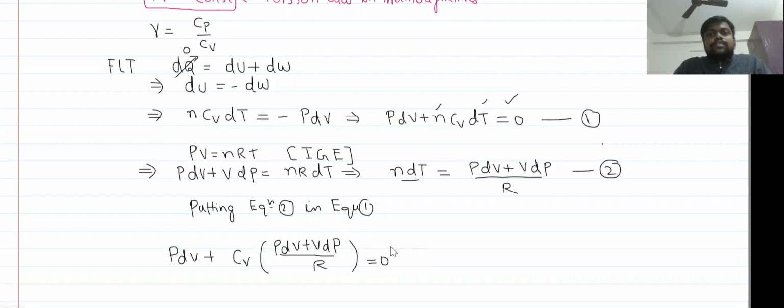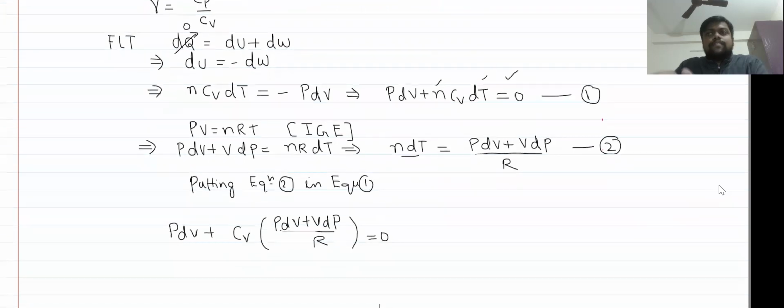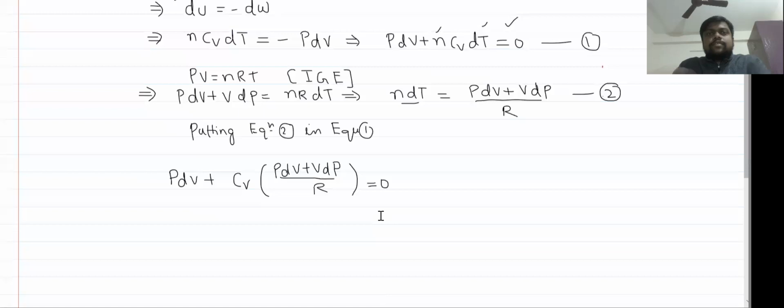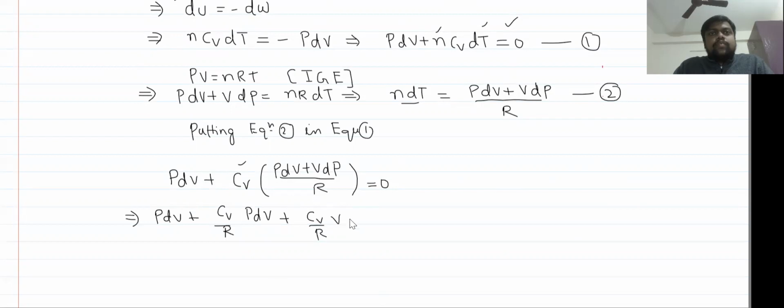Now let us simplify this equation further. When we simplify this equation, you will be getting PdV plus, let us multiply this inside, Cv by R into PdV plus Cv by R into VdP equal to 0.